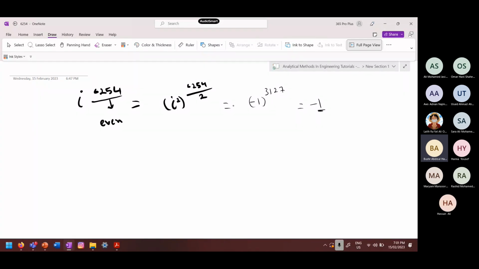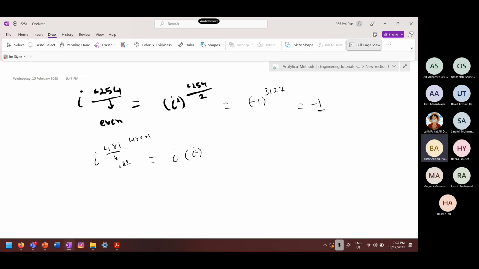Okay. If you have a different number, let's say i to the 481, you will check, is it even or odd? It's an odd number. Then you'll take an i out, then you get i squared, and you will get here 480 plus 1. Okay.